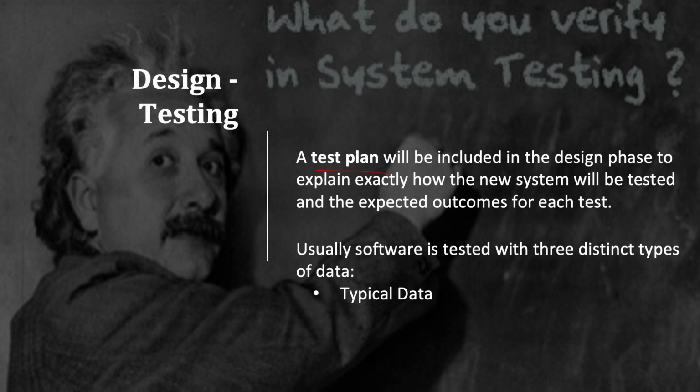So if it is a software you're thinking about for your test, you're going to input it with potentially typical data, which is the data you are likely to deal with on a daily basis, or you want to test it with extreme data. So let's say your system will be managed by 20 people, for example. You say, what if it becomes 100 people?